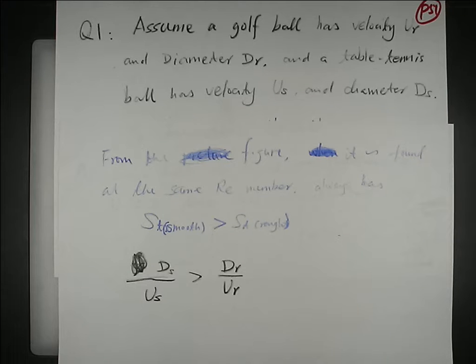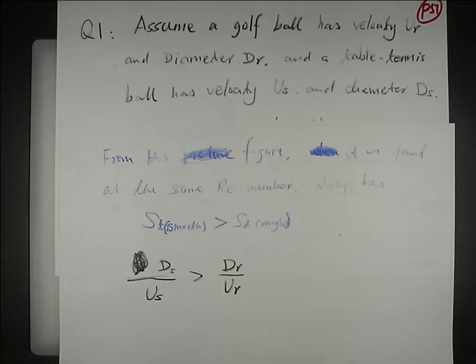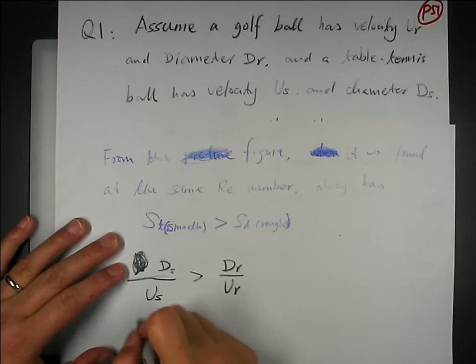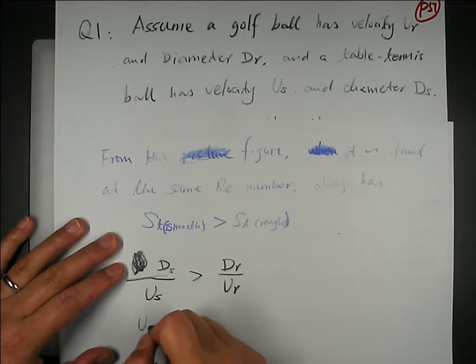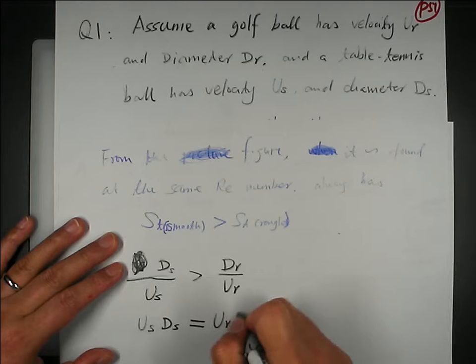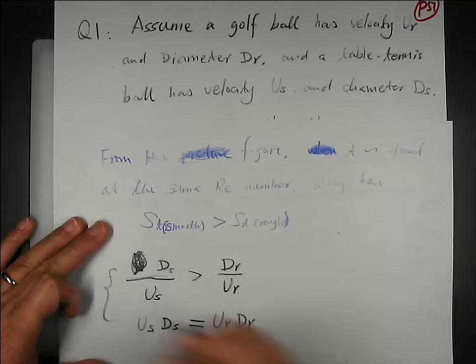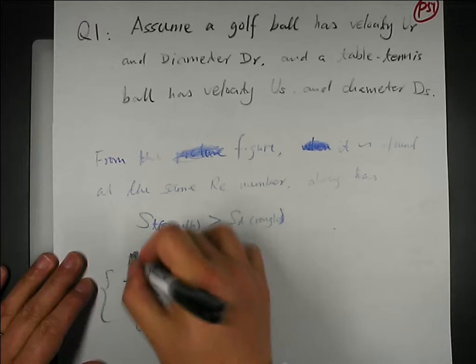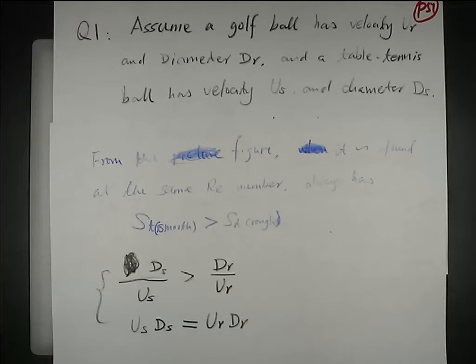Then it's the same Reynolds number. What is Reynolds number? It's UD over nu, where nu is a constant. Then at the same Reynolds number, UD is equal to UR DR. We get these equations. From the figure we got this regulation, and using it we can get these equations.